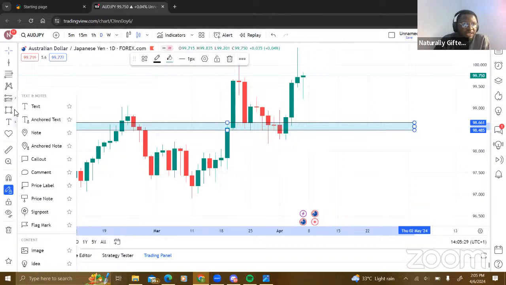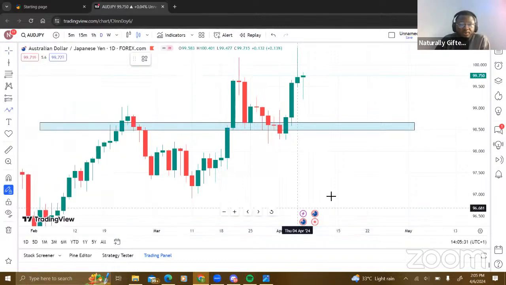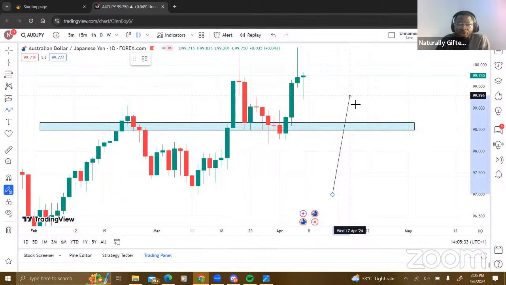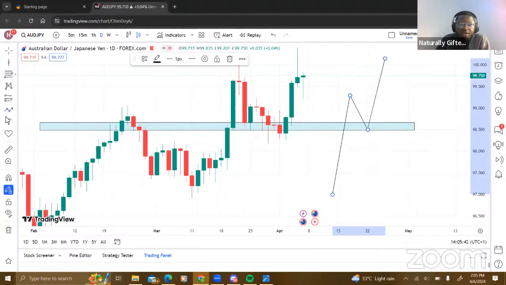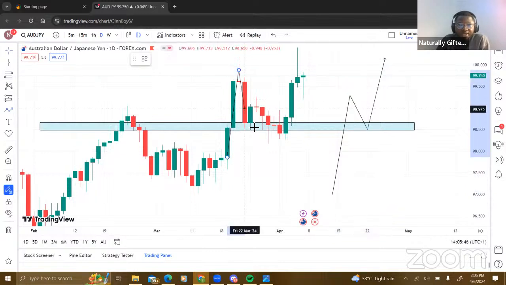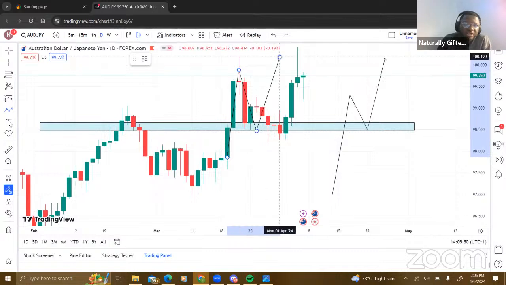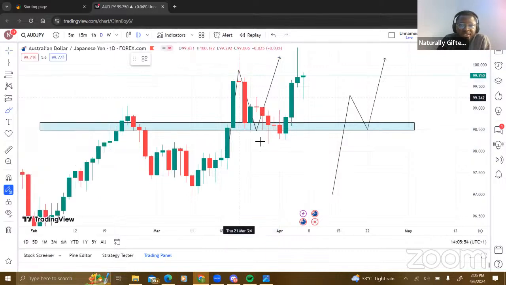When price breaks a zone, you're expecting a retest. If it does a retest and closes above the zone, you're expecting it to go up. That's what happened here. Price did a break here, did a retest here. What are you expecting? You're expecting it to go up. That up is what it did around here.